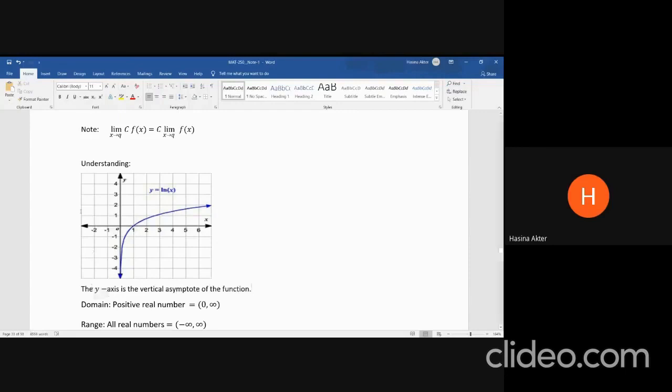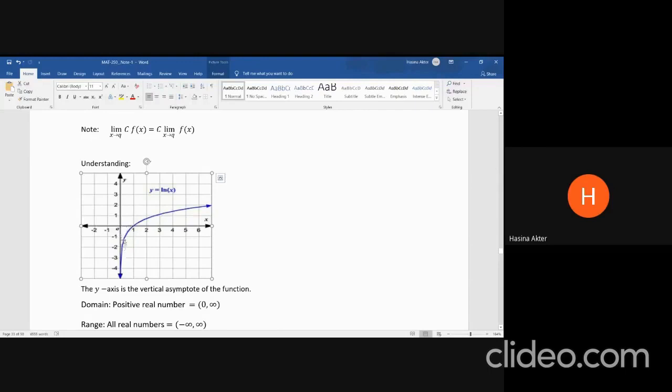Now what we see is that if x is really close to 0, definitely positive because x must be in the domain, and the domain of natural log is the set of positive numbers. But there are infinitely many positive numbers close to 0. So if x is close to 0, then y gets really close to the y-axis.